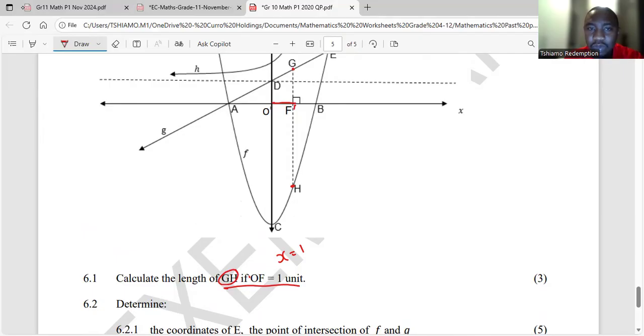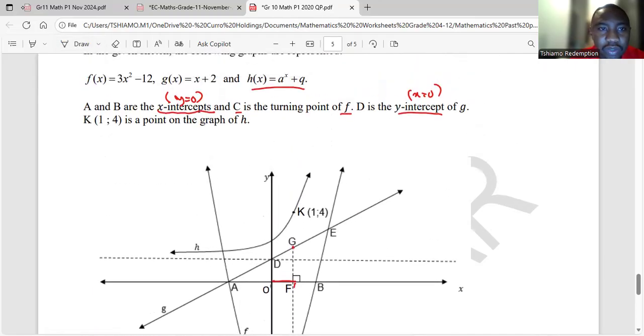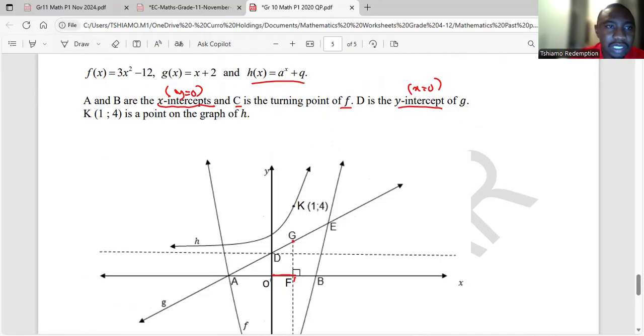I need the values to calculate the length of GH. We need to find the values of y. So I'm going to take the equation of the straight line, take the equation of the parabola, substitute in the value of x, and then that should give me the value of y. So the first one, g of x is 1 plus 2, which is 3.